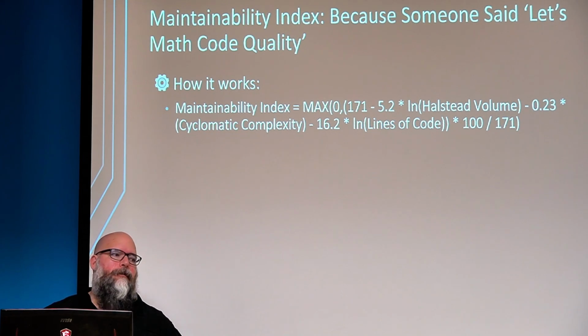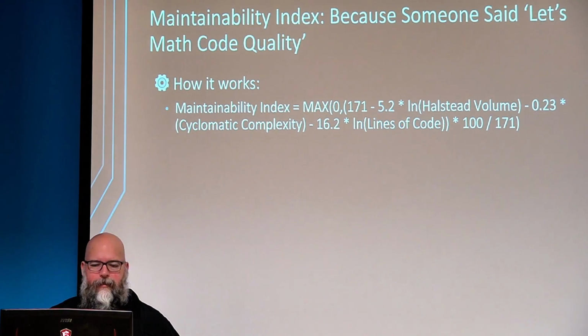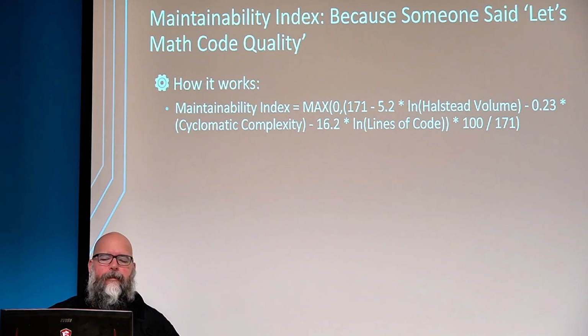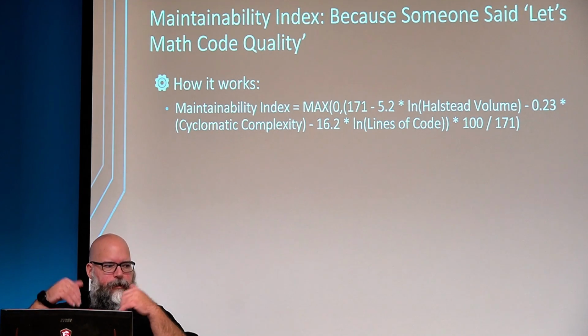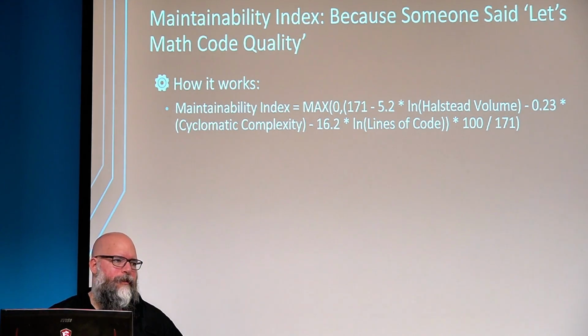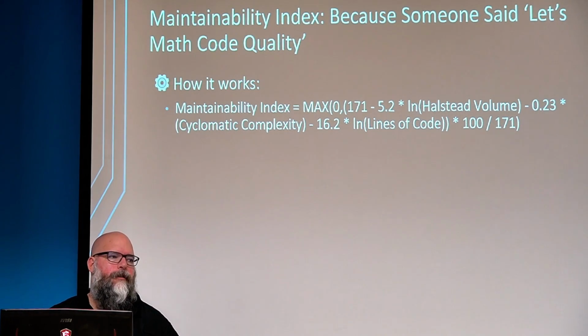So 0, horrible maintainability. 100, excellent maintainability. But if you have an arbitrary number like 171, it really wouldn't make as much sense as a scale of 0 to 100.